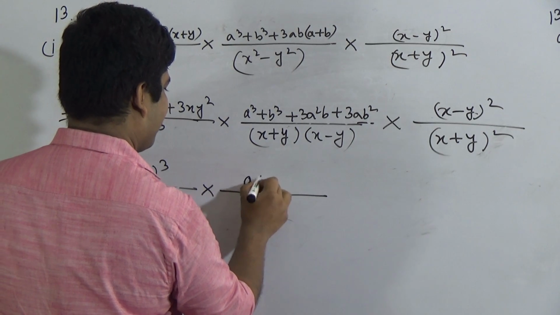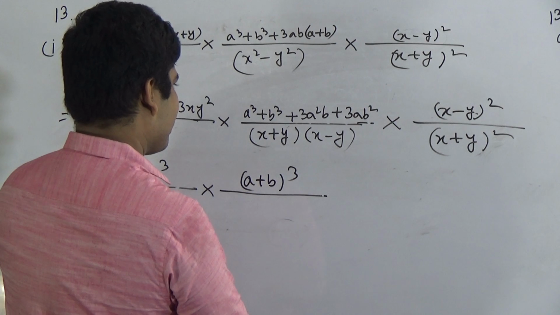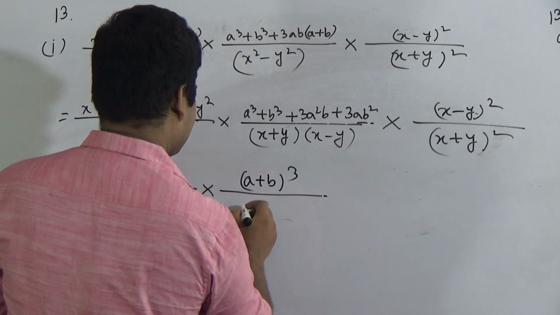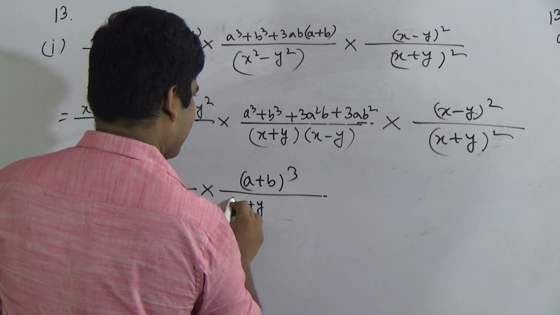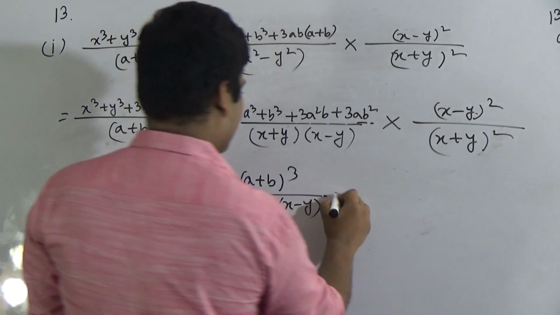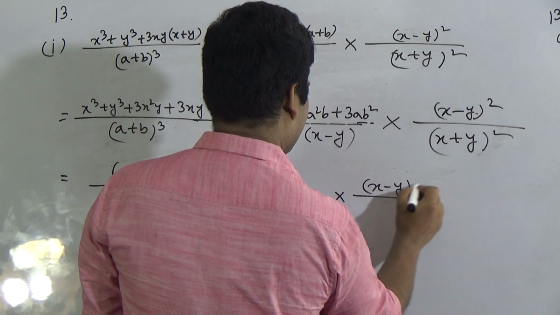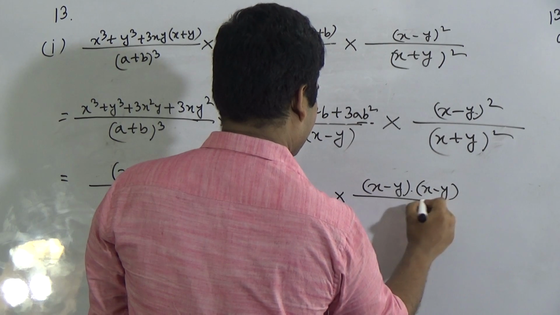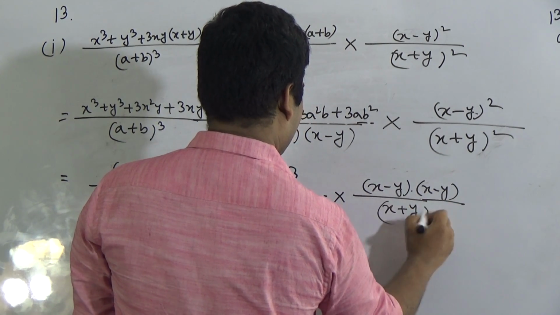That means this is the formula of a plus b whole cube. Okay, and it is written as x plus y into x minus y multiply by x minus y into x minus y. Here we can write x plus y whole square.